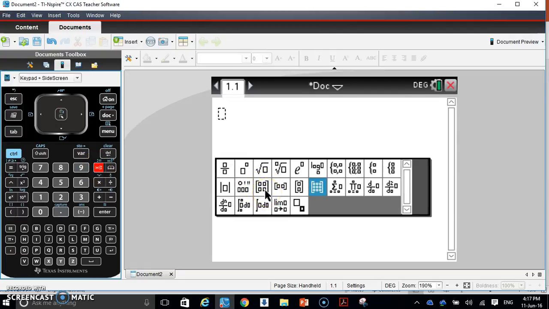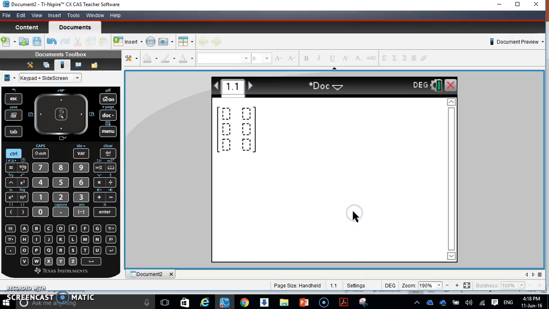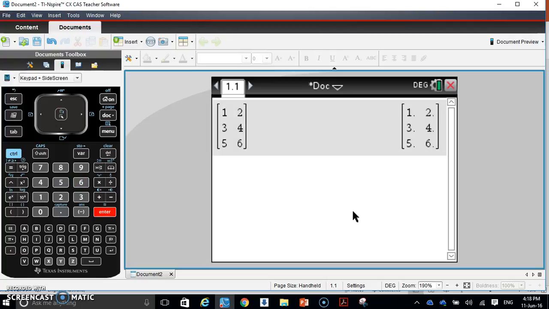If you've got a 2 by 2, you could select that one, or a 1 by 2 or a 2 by 1. I'm going to make mine a 3 by 2, and I can pop my matrix in there. Using my arrows, I can work around, typing in some numbers, and if I press enter, I can clearly get an answer.